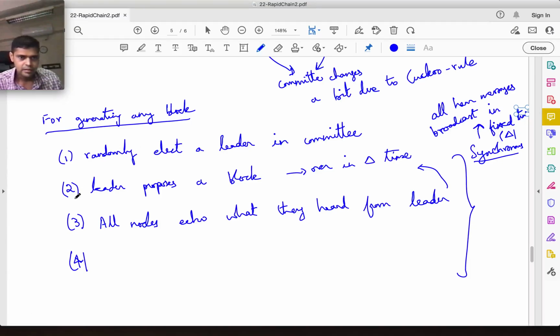So actually the numbering is a little bit different in the paper. So in the paper they talk about this as a separate, let's say separate phase. Maybe let's also call this phase 1 and this is phase 2. Okay.